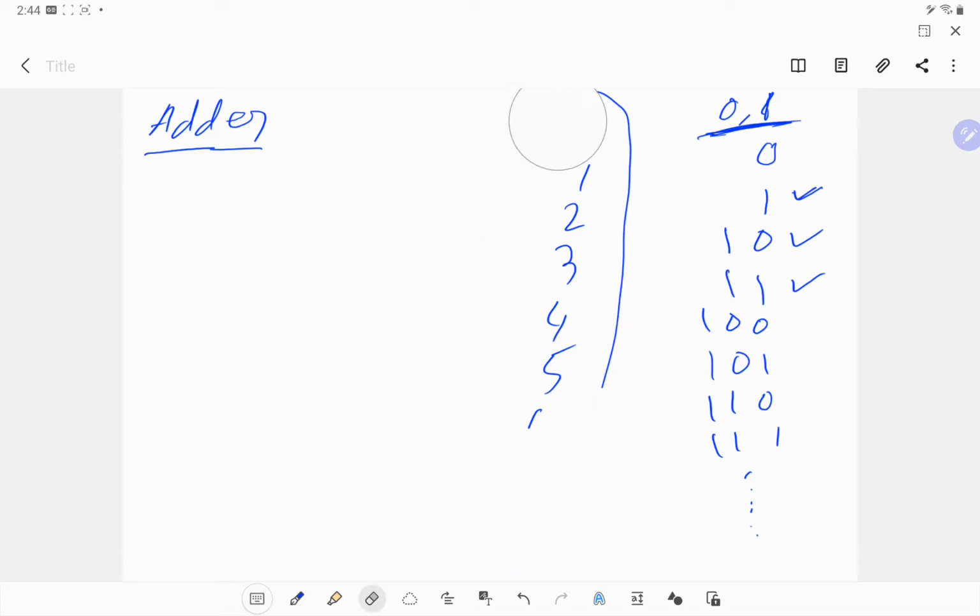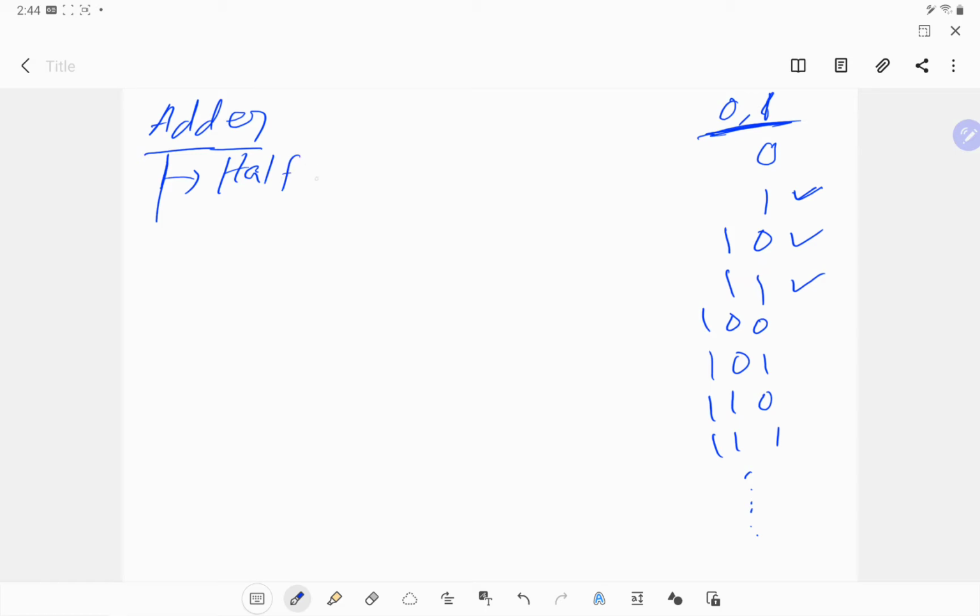We want to design circuits which can add binary numbers, and there are two types of adders. The first type is the half adder, which adds 2 bits.